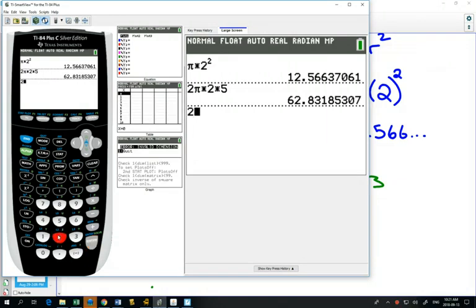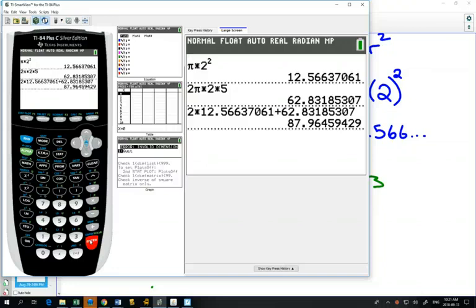So I wanted 2 times this one. Isn't that nice? Plus 1 of that one. 87.96.